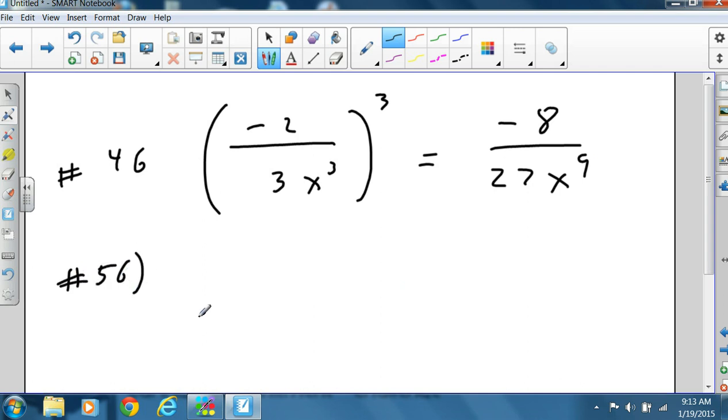Okay, that's fine. 56. The cube root of 343. Now, does 3 go into 343? No, it doesn't. How do we know that?